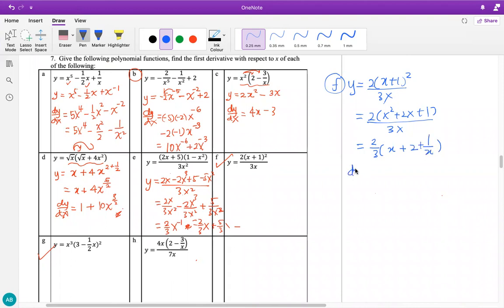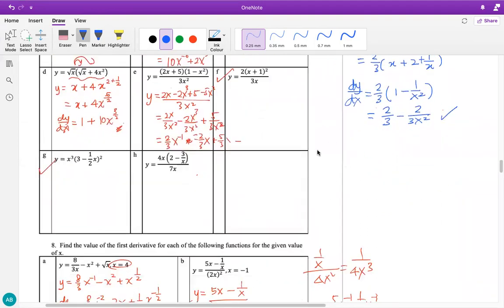So you differentiate dy dx. You get 1 over 3, and then minus 1 over 3x squared. So the answer is 1 over 3 minus 1 over 3x squared. So this is the answer. Okay, so this is for F.